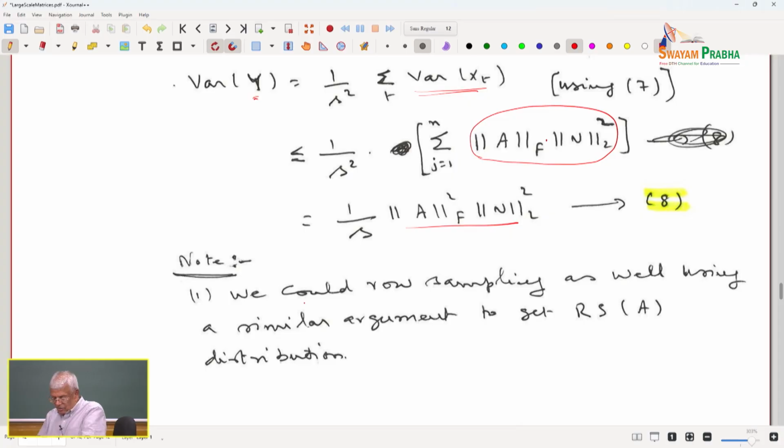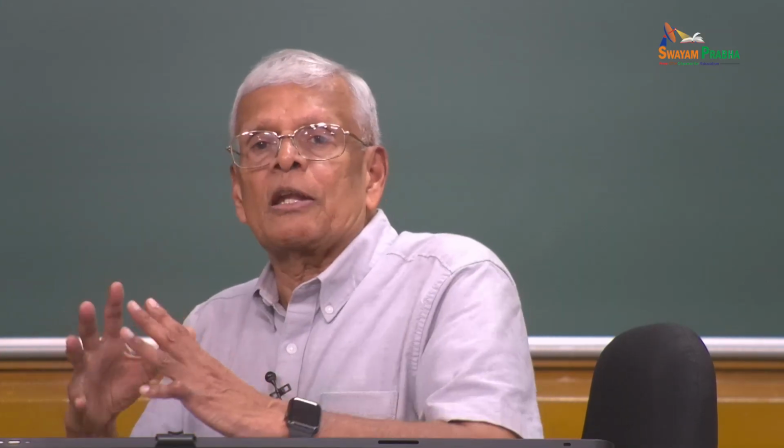This completes our exercise on the first randomized algorithm to solve a very simple problem of multiplying a large vector by a large matrix.